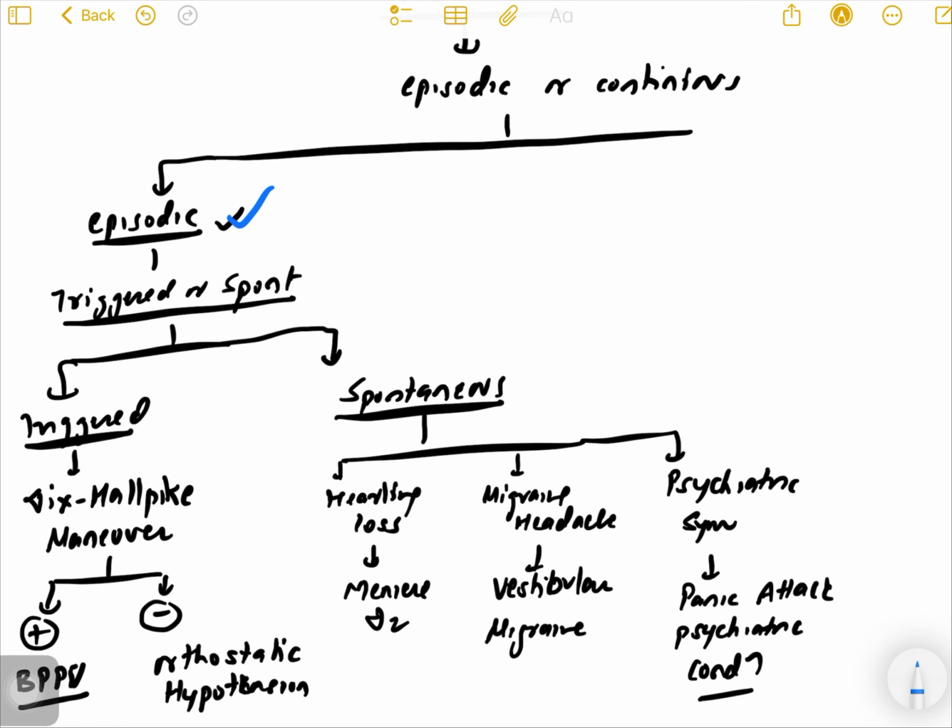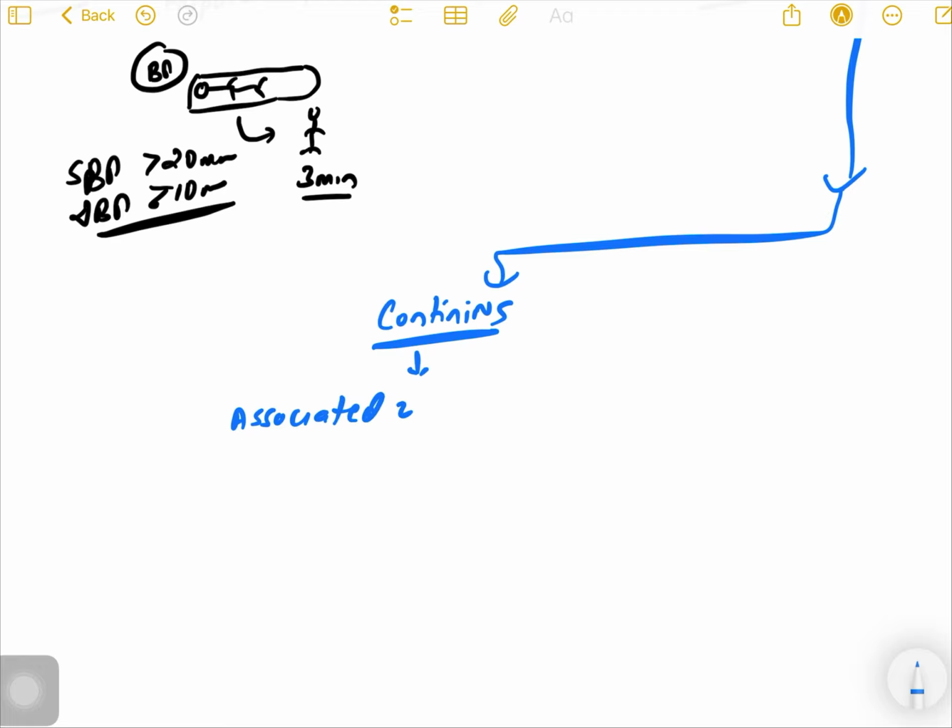And after that, if the patient has continuous dizziness, then we have to find out if it is associated with trauma or toxin, or is spontaneous.